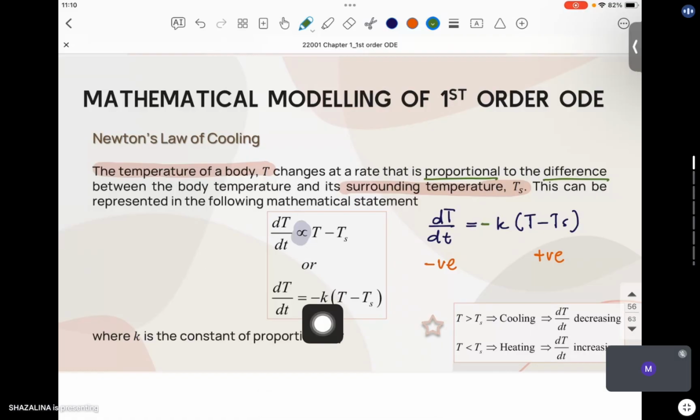Sebab itulah jadinya negatif K. It's not only positive K. So sekarang dah balance, negatif time with positif akan dapat jawapan negatif. Okay, two reason why we have negative here. Okay, ada soalan tak?